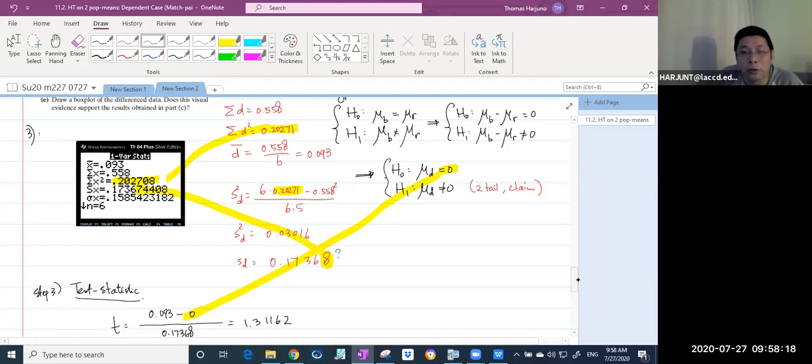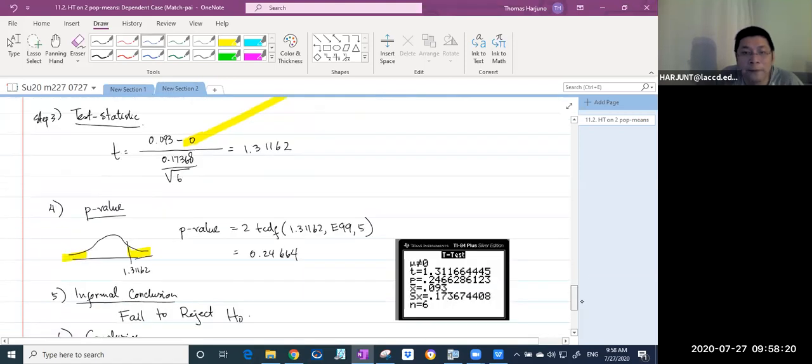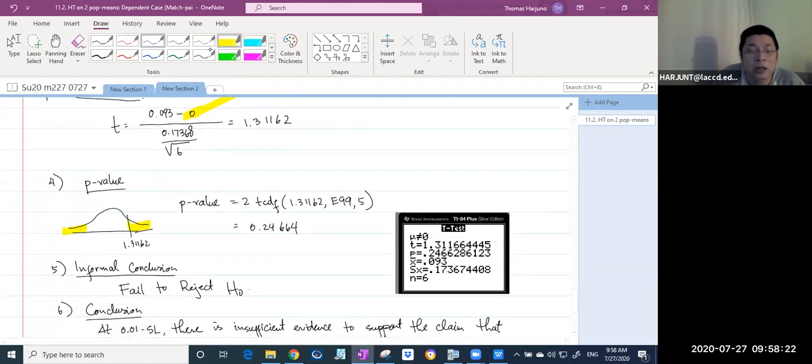Okay, so if you do it by hand, you are a bit off, and that difference results in a slight difference in the p-value and in the test statistic. But the good thing is that the slight difference is not changing our conclusion.